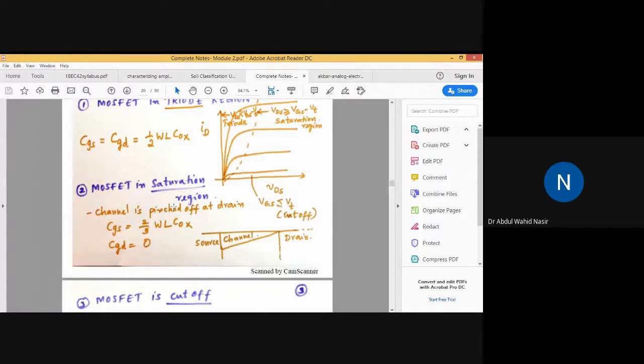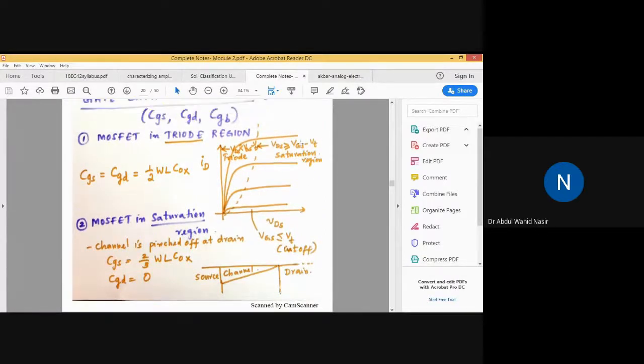Now coming to the saturation region. In the saturation region, VDS is greater than or equal to VGS minus VT. If you have that condition, your MOSFET will operate in the saturation region.